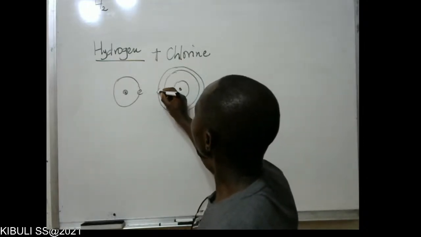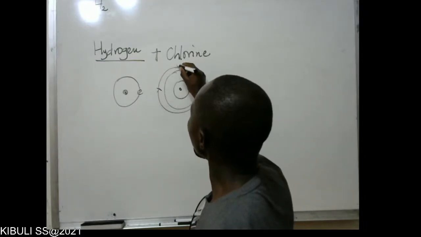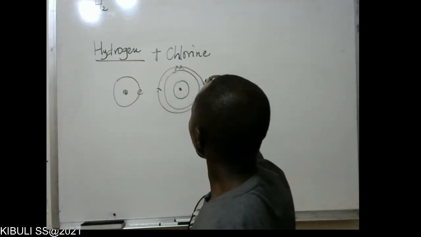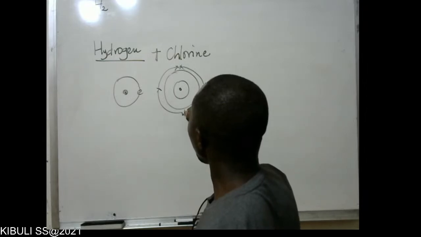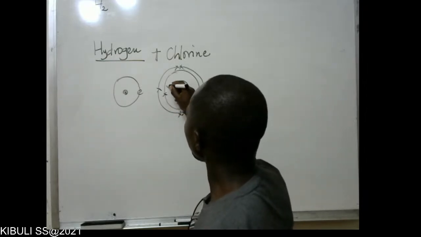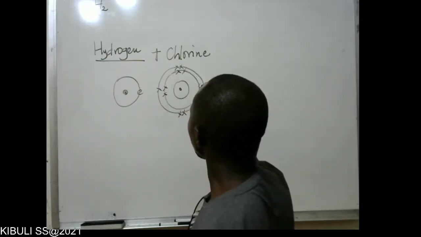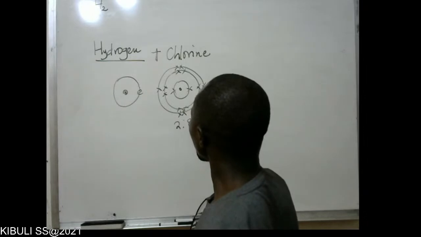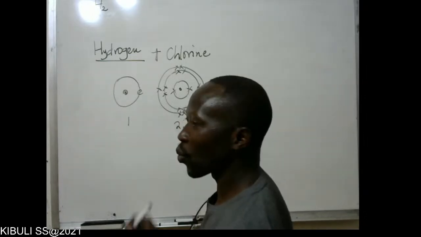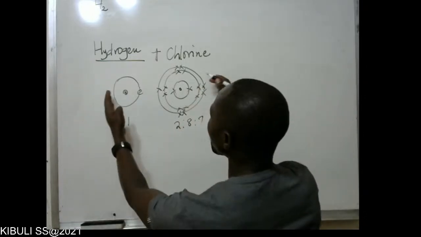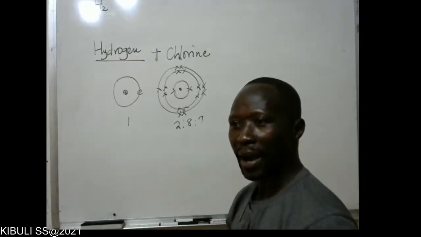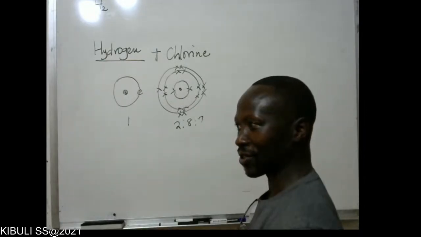So if these are the 7 electrons in the outermost energy level for chlorine, if you remember very well, these are 8 and these are 2. Electron configuration 2, 8, 7. This is 1. We say that these 2 can come together by sharing electrons.